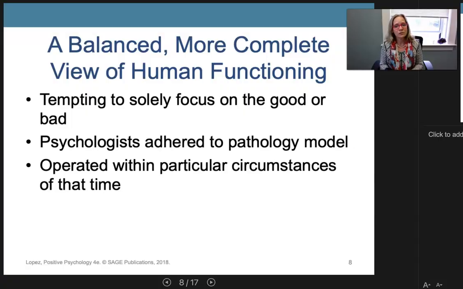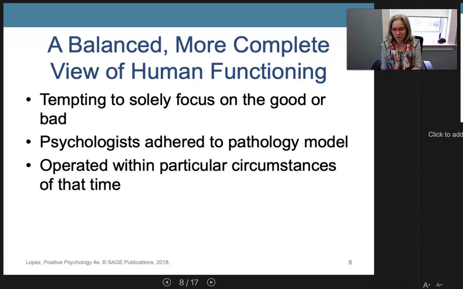Again, it's tempting to solely focus on the good or the bad, and we tend, as psychologists, to have focused on the pathology model. In other words, what's wrong in you? What's going on in you that's creating this problem, rather than looking at the cultural context or what's going on in the context that might be contributing, or what strengths do you have to bring to this challenge.